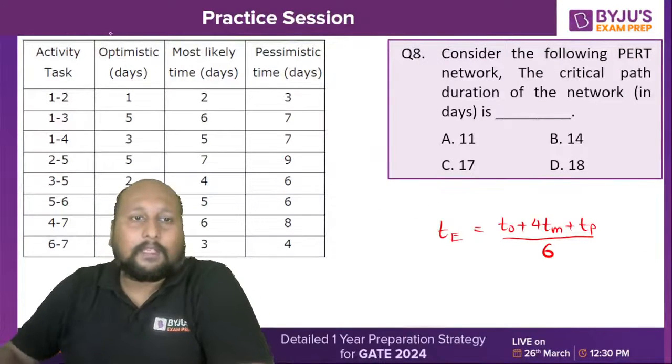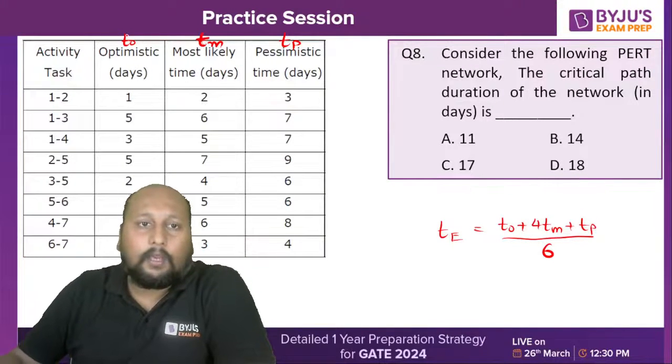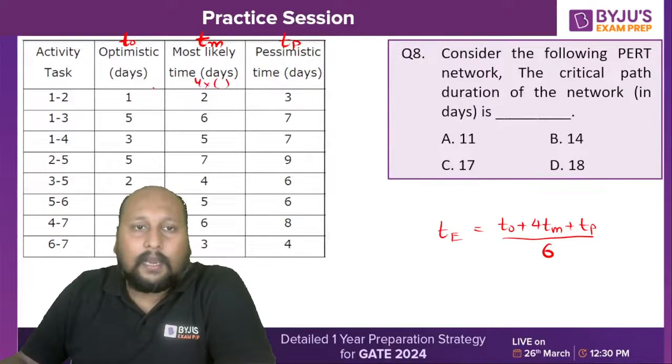So let's start. This is your optimistic time, this is your most likely time, this is your pessimistic time. Let's apply this formula one by one. You just need to multiply 4 in this and add these two.